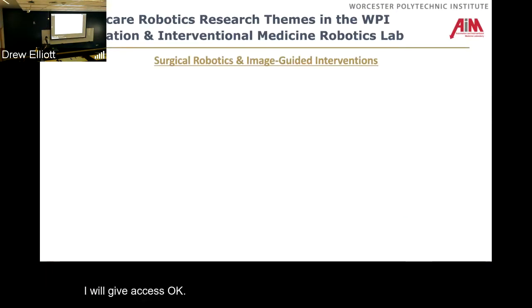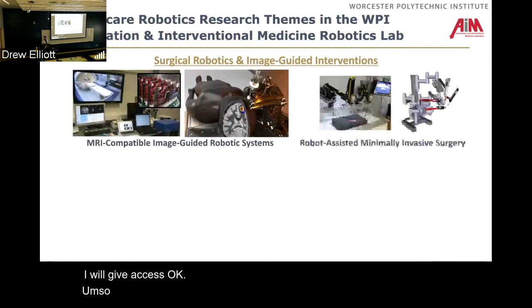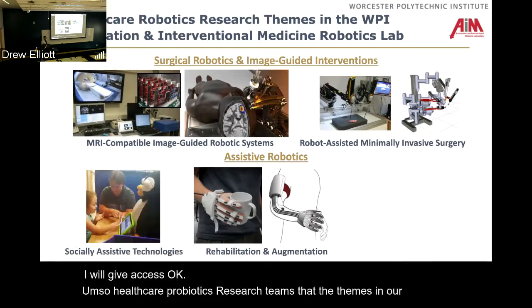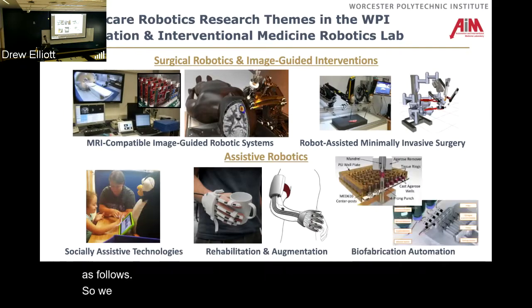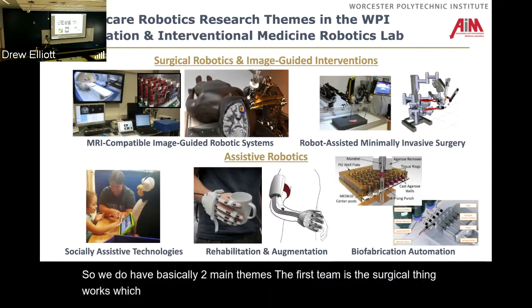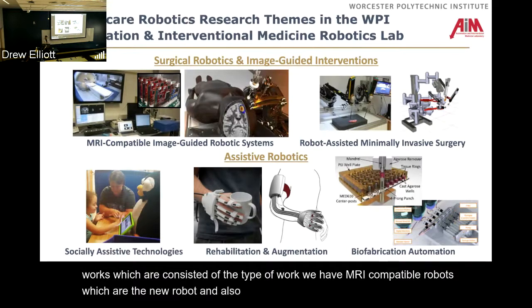So, healthcare robotics research teams, the themes in our lab are as follows. We basically have two main teams. The first team is the surgical team, which works on the DVRK type of work. We have MRI compatible robots, which are the neuro robot and also the prostate biopsy robot.